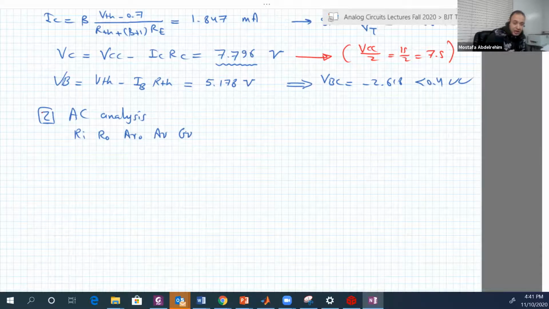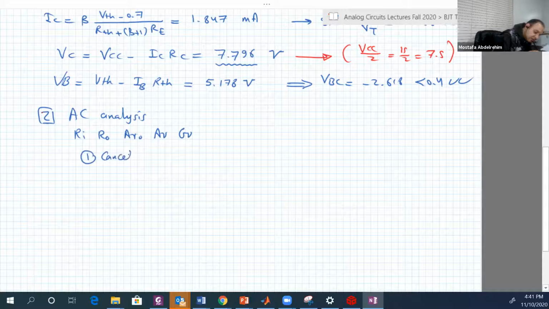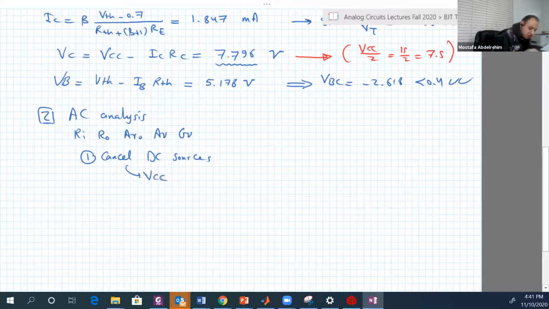We should first draw the AC circuit of the original circuit. And to do that, there are steps also. Number 1, cancel DC sources, which is VCC in that case.